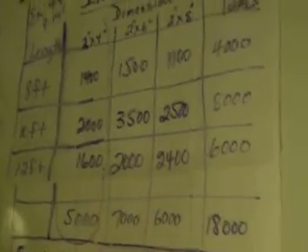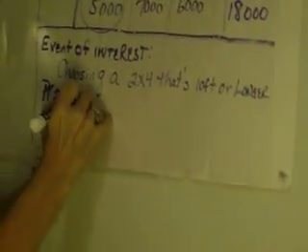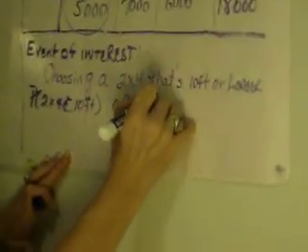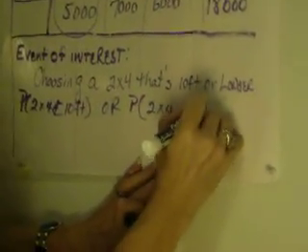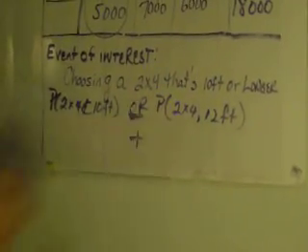Okay? Now, I'm interested in choosing a 2 by 4 that's either 10 feet or longer. Well, what that means is I want the probability of a 2 by 4 that's 10 feet, or I want a 2 by 4 that's 12 feet. Now, this or means add. And if I look at probability in this particular case, a 2 by 4 that's 10 feet, well, how many of them are there?